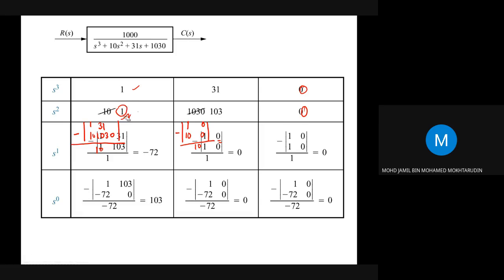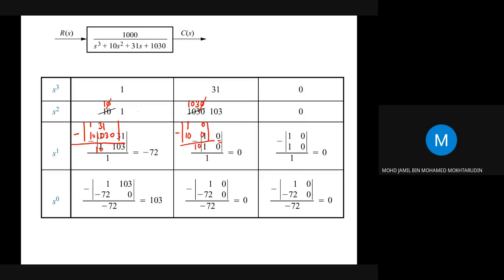Okay, so in the Routh table, you can factorize a row here. For example, this row here, the second row, you fill in with number 10, and this one is 1030. Because you can factorize each row, you can factorize 10 here.